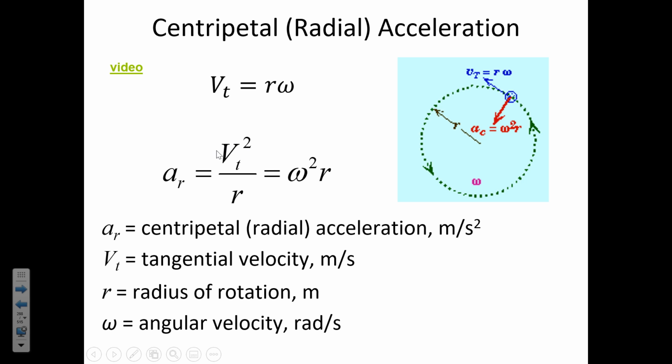Now that's obviously meters per second squared, because it's meters squared per second squared in the numerator, and then you divide by the radius, and that cancels out one of the meters. But then over here, if we solve for it in terms of the angular velocity squared, it's just inverse seconds that are being squared. And so it's meters per second squared.